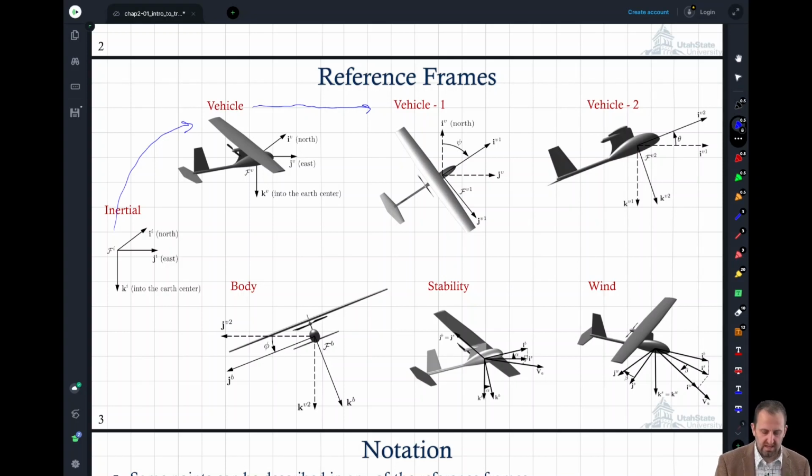Now to go into the vehicle 2 frame, we're actually going to align the x-axis with the nose of the aircraft.